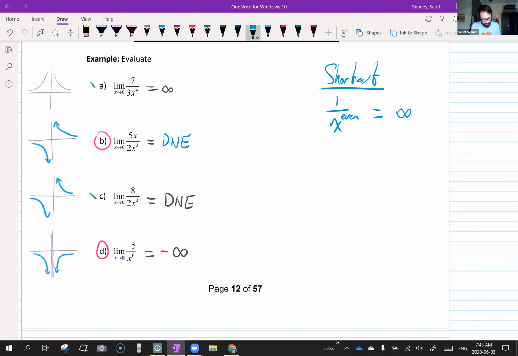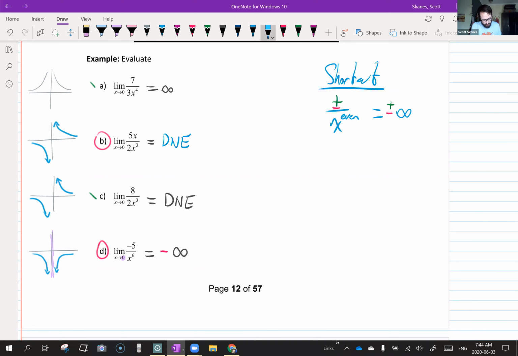If there's a positive on top, you get positive infinity. If there's a negative on top, you'll get negative infinity. Okay, I'm just trying to show you some shortcuts. So look at this, positive 7 over an even number, infinity. Negative 5 over an even number, negative infinity. If you don't catch it, just make the graph or work it out.